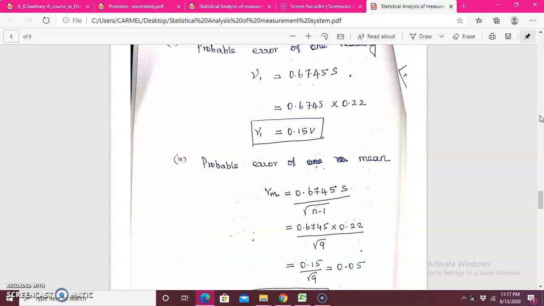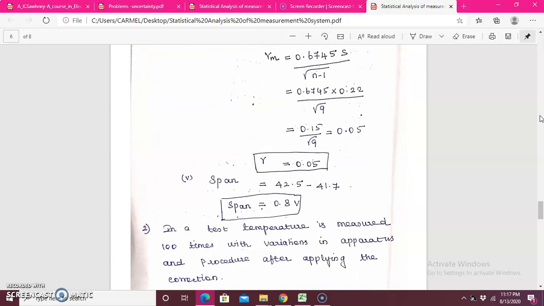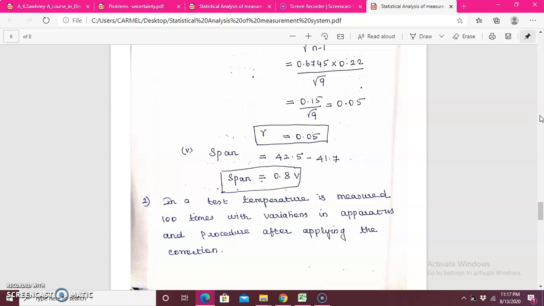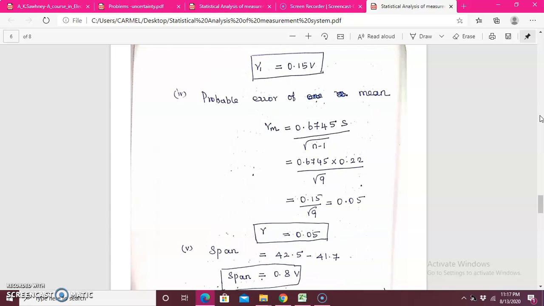Probable error of mean is 0.6745 into s divided by root of n minus 1. So already you have the value 0.15. That divided by root of 9, you will have the value of 0.05. So you will have the probable error of mean equal to 0.05.